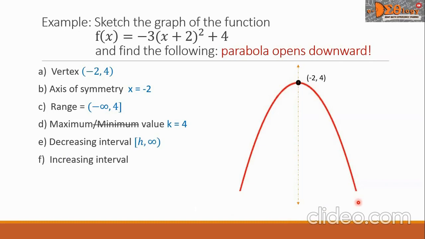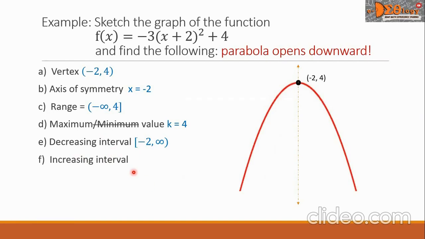And our formula is the square bracket h, comma, positive infinity, parenthesis. And this h we will now change to the x coordinate of the vertex. So the decreasing interval, h becomes -2. So this is now our interval notation for the decreasing interval.